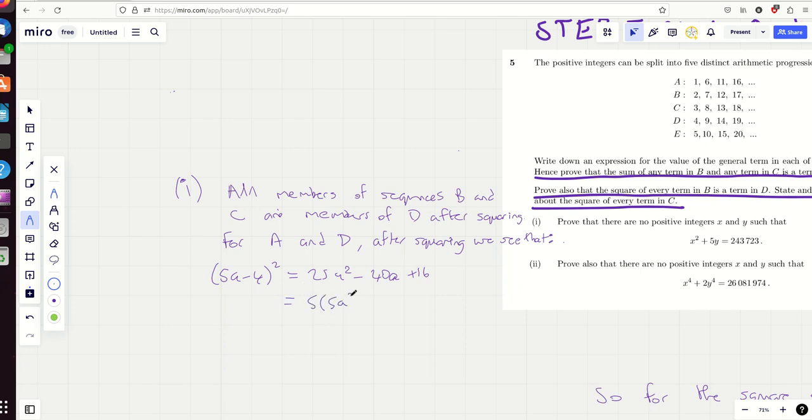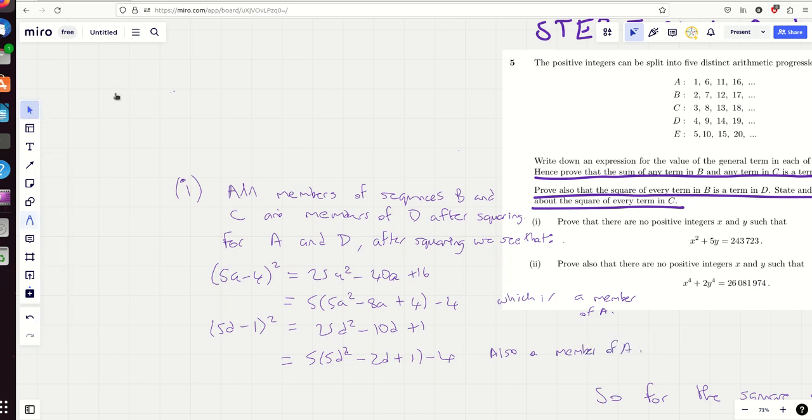So let's write that as 5 times 5A squared minus 8A plus 4, minus 4, which is a member of A. And it's the same for D, I think. 5D minus 1 squared is 25D squared minus 10D plus 1, which is 5 times 5D squared minus 2D plus 1, minus 4, also a member of A.